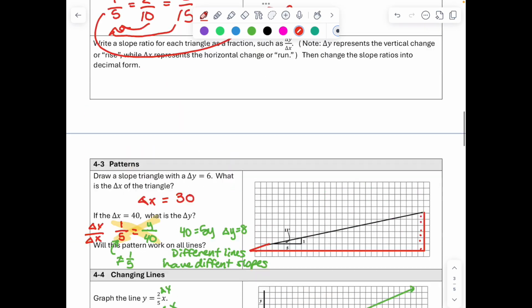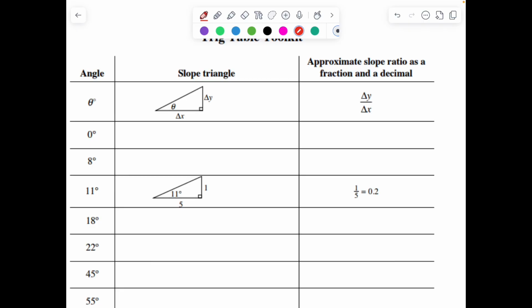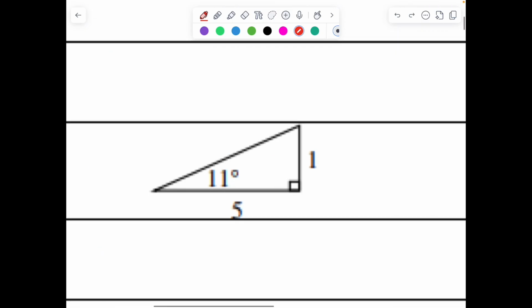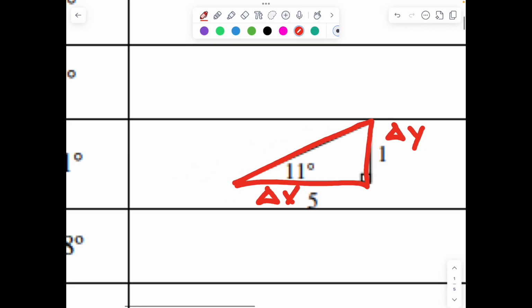So what we want to do is fill out the angles that we learned so far in this unit. So we learned that an 11-degree angle, this is already filled in for us, that is a 1 over 5 slope ratio, which is 0.2, and that was for an 11-degree angle, okay? And then that makes a slope triangle with our change in y and our change in x down here.